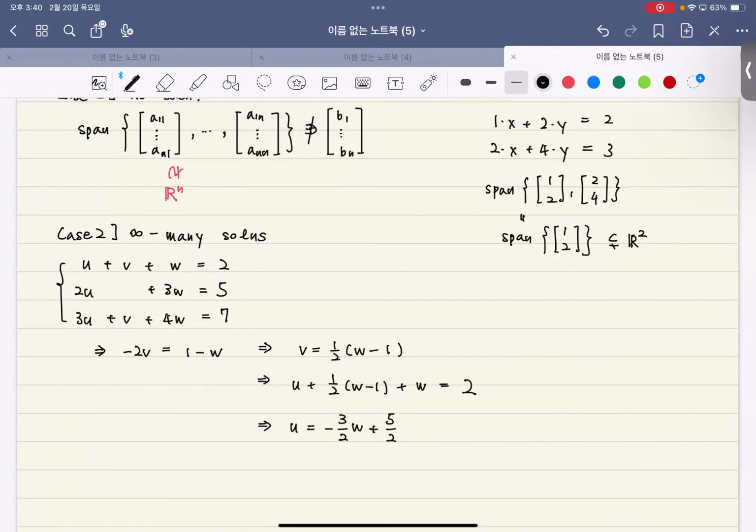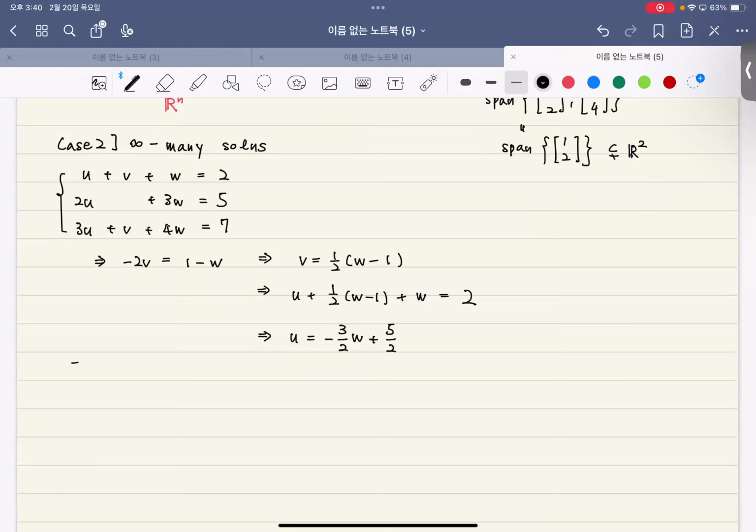Am I right? Yeah. Good. So my solution vector, which is (u, v, w), has to be (-3/2 w plus 5/2, 1/2 w minus 1, and w is just w).